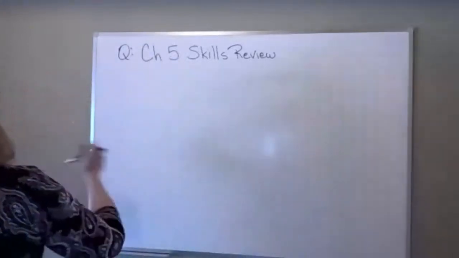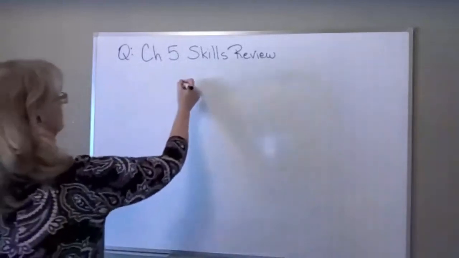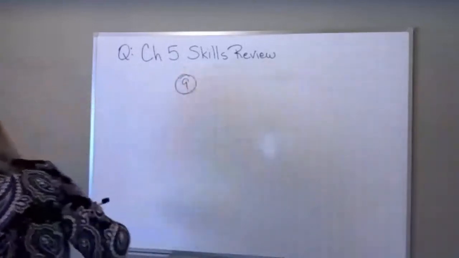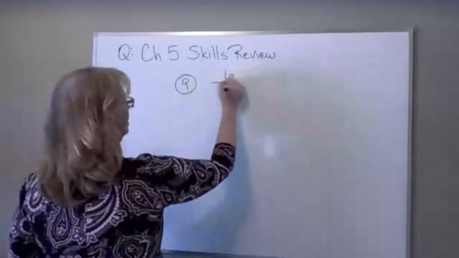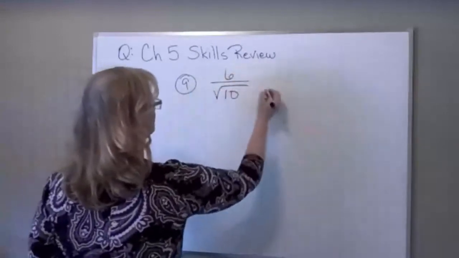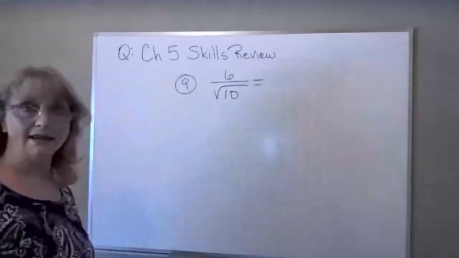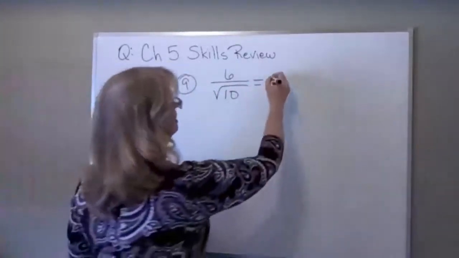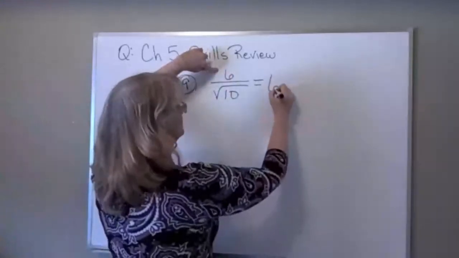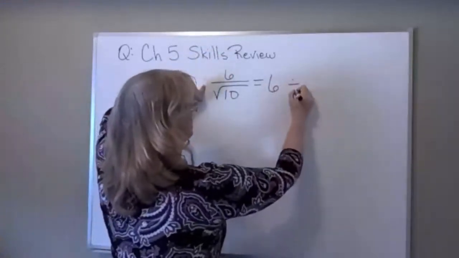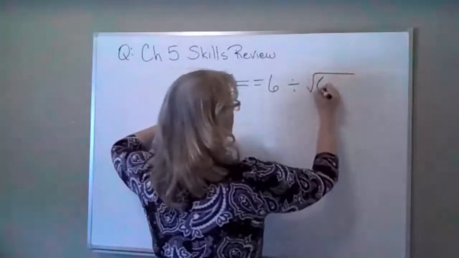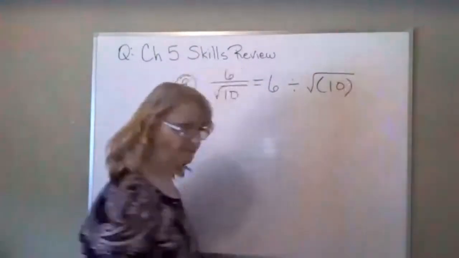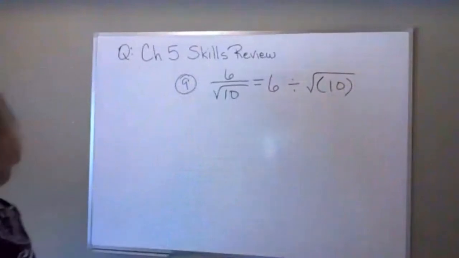If you go to problem number 9, this one's a little bit different. It says 6 over square root of 10. So when we enter that in the calculator, and you do have to be in decimal mode, you're going to start at the top, 6, then divided by, and then the square root of 10.